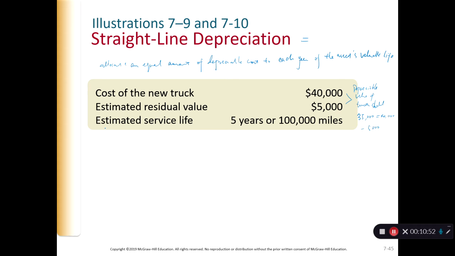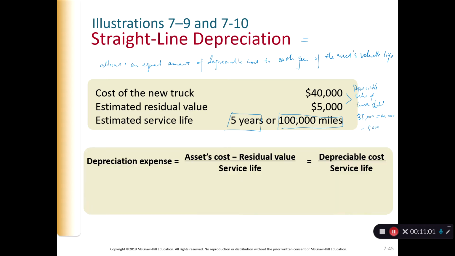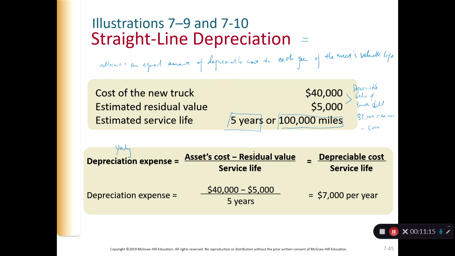I also know that the estimated service life is 5 years, or they can drive 100,000 miles. So the yearly depreciation expense under the straight line method is the asset's cost minus the residual value, giving the depreciable cost, divided by the service life of 5 years. In this example, 40,000 minus 5,000 divided by 5 years gets us $7,000 a year.